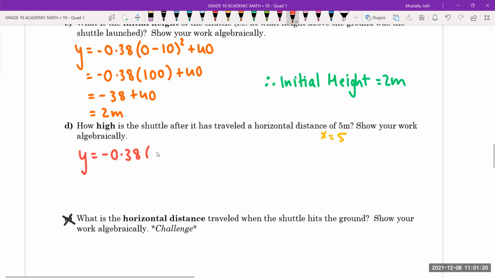So I'm going to put 5 minus 10 squared plus 40. 5 take away 10 is 5. 5 squared is 25. This one you probably may need a calculator. So negative 0.38 times 25 plus 40. Let me know what you guys get.